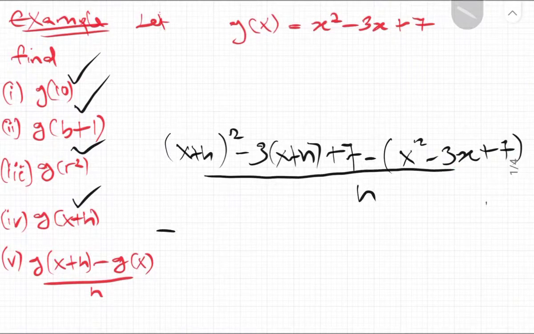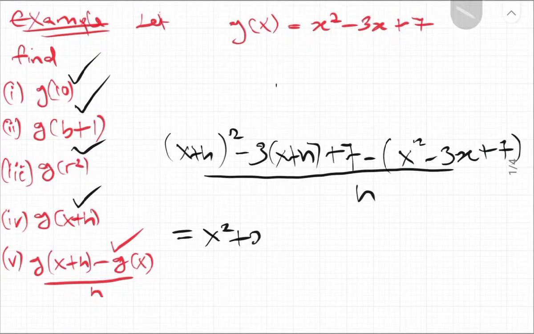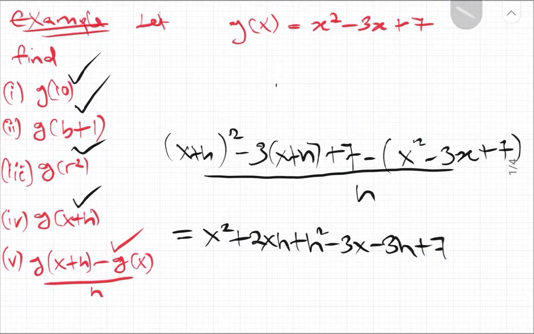So let's do some algebra. Now x plus h squared is actually x squared plus 2xh plus h squared. So this expression x plus h squared is equal to x squared plus 2xh plus h squared. Then minus 3 times x is minus 3x. Then minus 3 times h is minus 3h plus 7. So we multiply this out. So we have minus x squared.